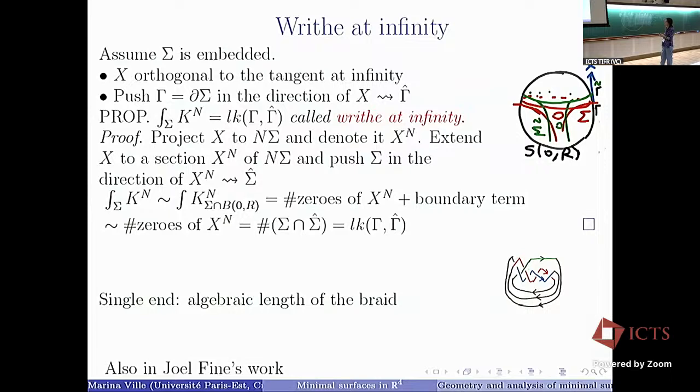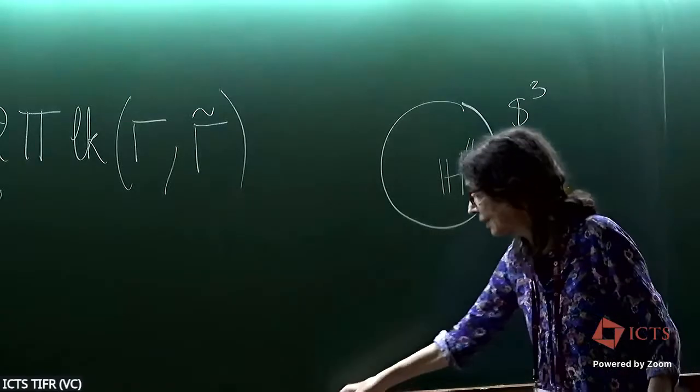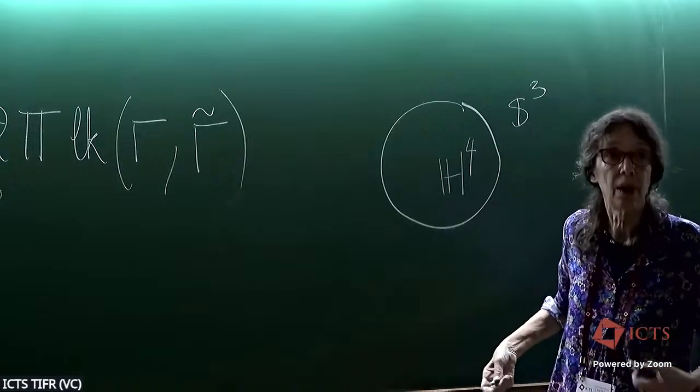So this quantity actually appears in Joel Fine's work. Joel Fine is doing something really interesting. He's taking the sphere S3, which is the boundary of H4. He's building invariants of knots.